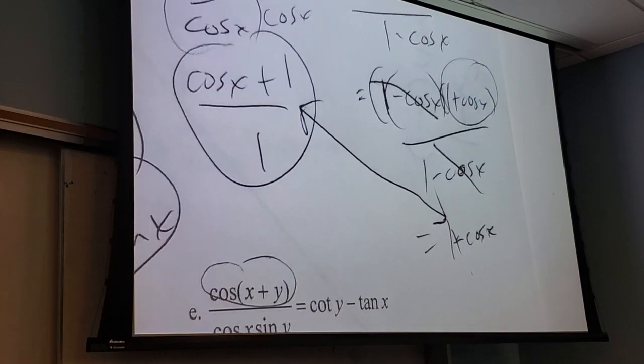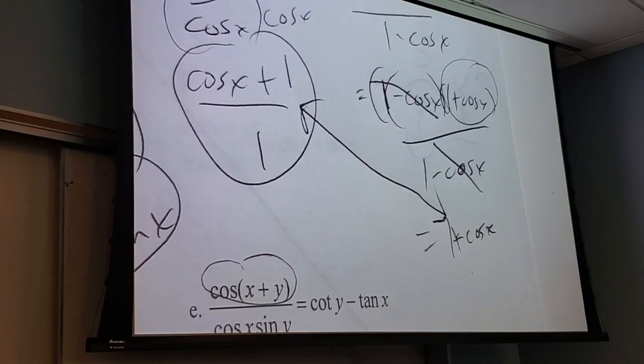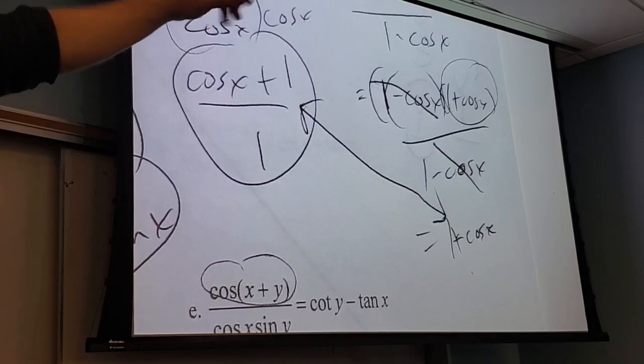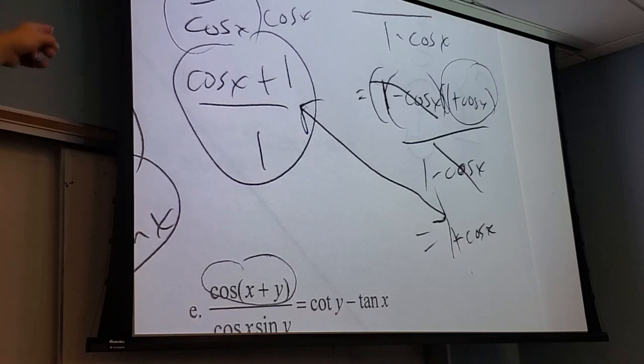Listen. This is what makes this really difficult to teach and to learn. That is not the only way to do this problem. Completely not. There are other ways to do that problem. Some of them basically come down to the same thing.